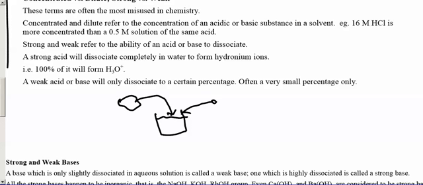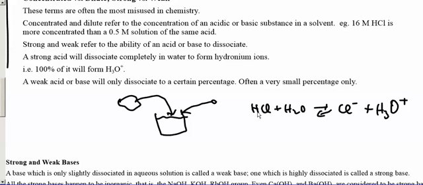So, for example, and we're going to talk about it down there, anytime something is put into water and breaks up into its ions, we say that it is dissociating. Strong acids completely dissociate.